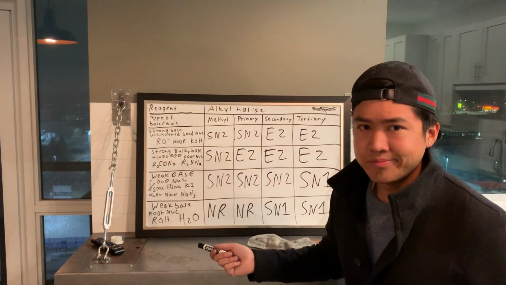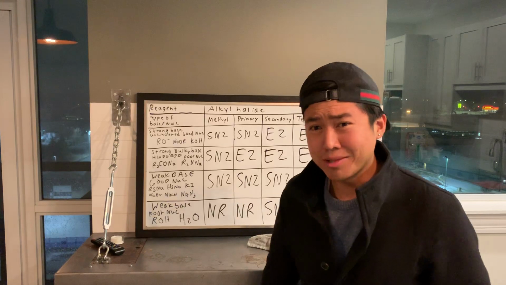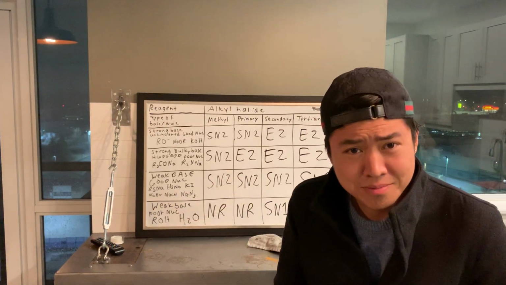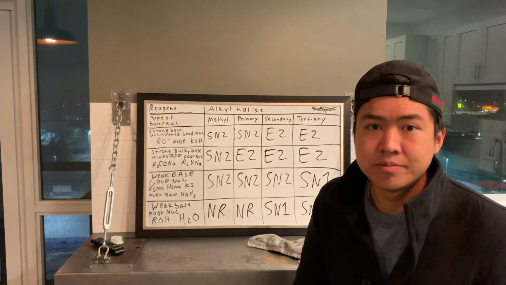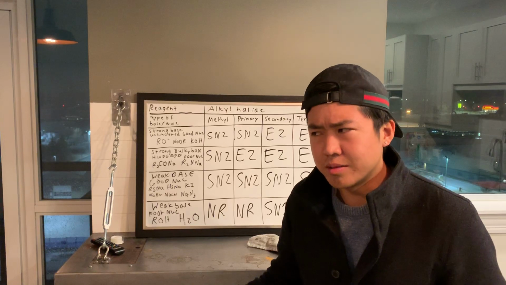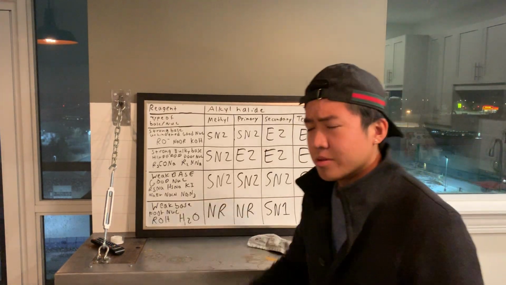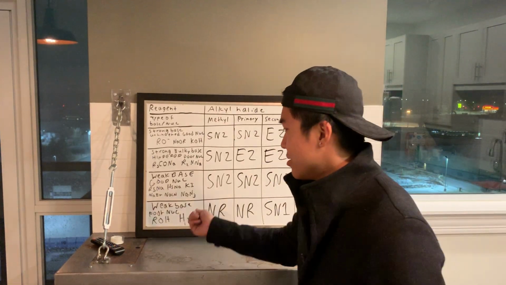These are neutral. So, these are weak bases. If they ask you an acid-base question, anything like water and alcohol is a really weak base. It's not negatively charged. If your reagent's neutral, it's not very reactive. So these are weak bases.